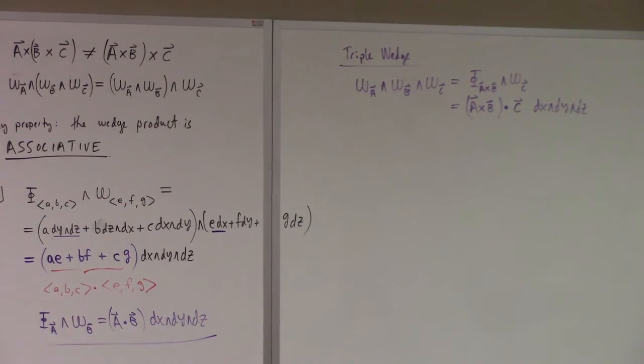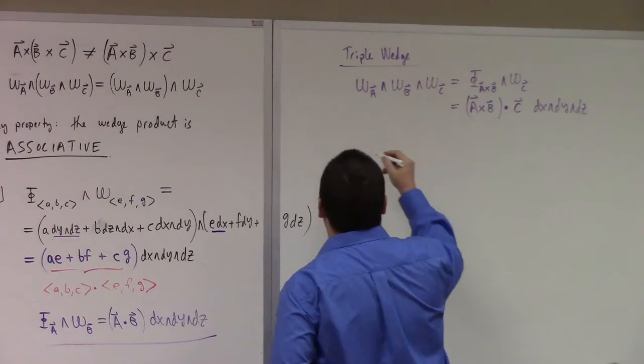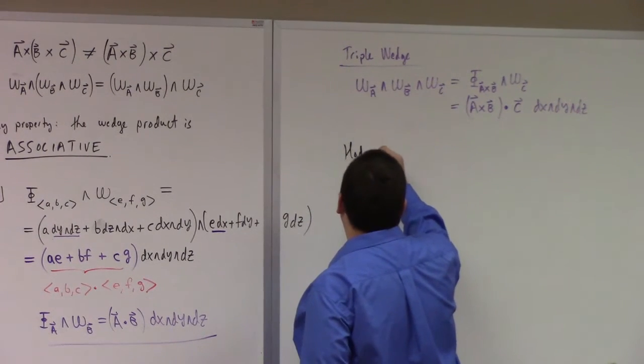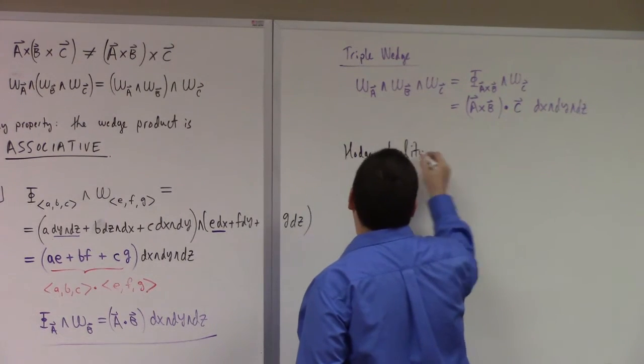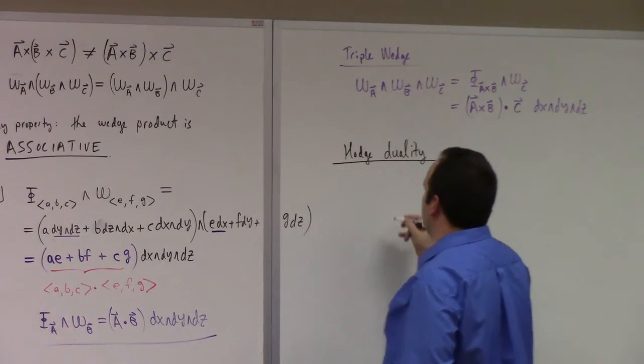There's another thing we can do just at the algebraic level, which is interesting, which is known as Hodge duality. Hodge duality is very interesting. Here's the way it works.